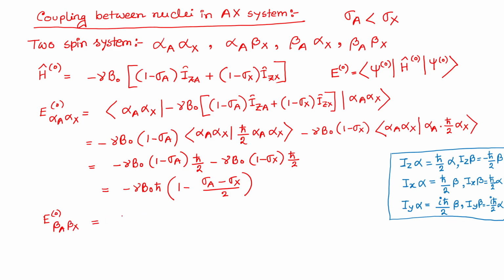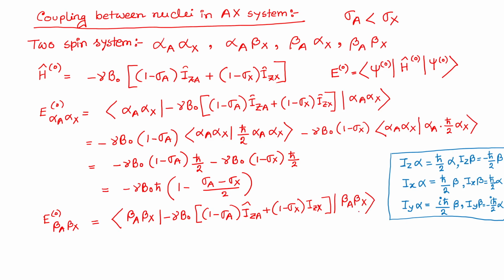So it will follow a similar manner, right? I will just write the first term, so you will get the idea. Beta A, beta X: minus gamma B0, 1 minus sigma A IZA plus 1 minus sigma X IZX operating on beta A, beta X, right?